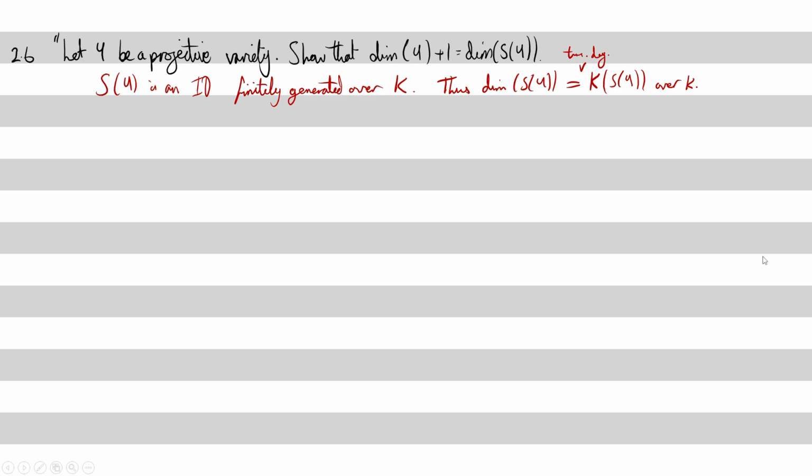Next, what we want to show is that the quotient field of S of Y is the exact same as the quotient field of S of Y localized at a point F, if F is not equal to 0.